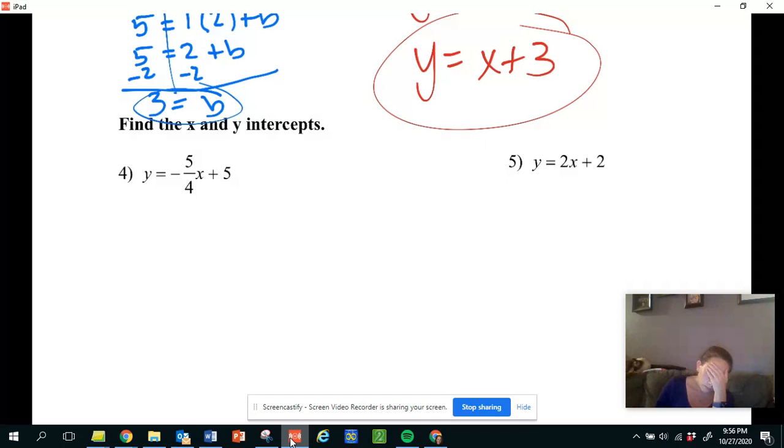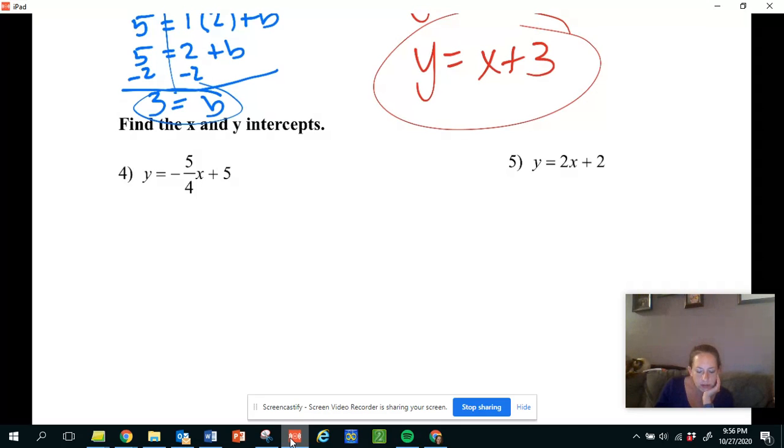So for an equation, your x-intercept happens when y is 0, and your y-intercept happens when x is 0. So basically, I'm going to plug 0 in for x and y, just not at the same time, because that would be silly.